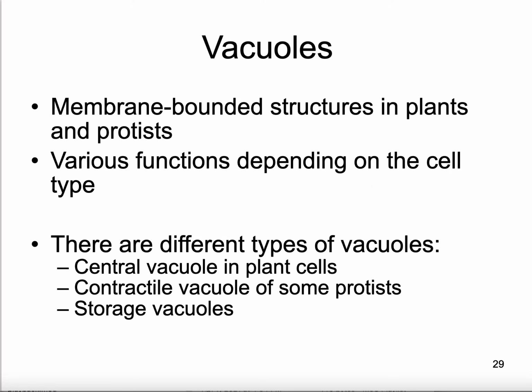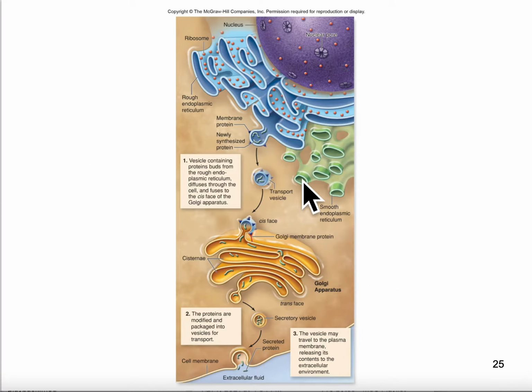Vacuoles are very similar to vesicles. So remember vesicles? All these little transport vesicles, secretory vesicles, the thing that's about to be secreted. Vesicles are often small, they fuse with other membranes, and they're like a transition sphere made out of phospholipids.